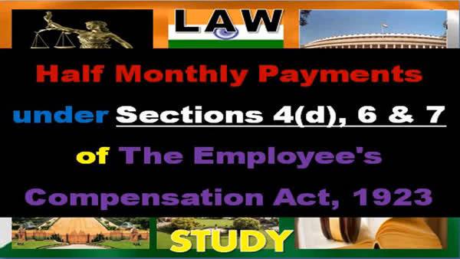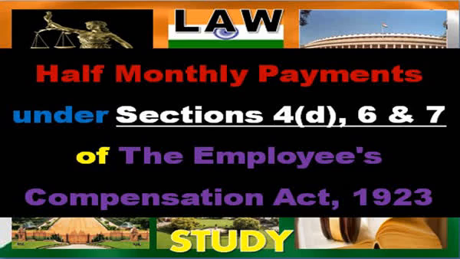Provided that, clause A, there shall be deducted from any lump sum or half monthly payments to which the employee is entitled the amount of any payment or allowance which the employee has received from the employer by way of compensation during the period of disablement prior to the receipt of such lump sum or of the first half monthly payment as the case may be.